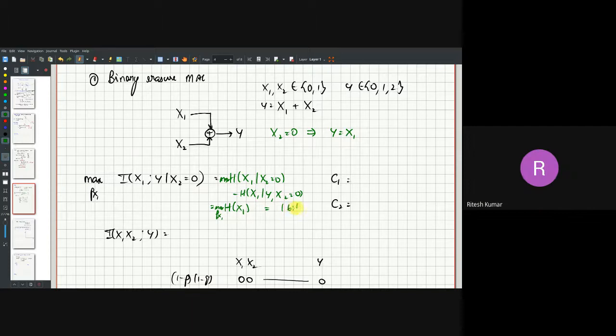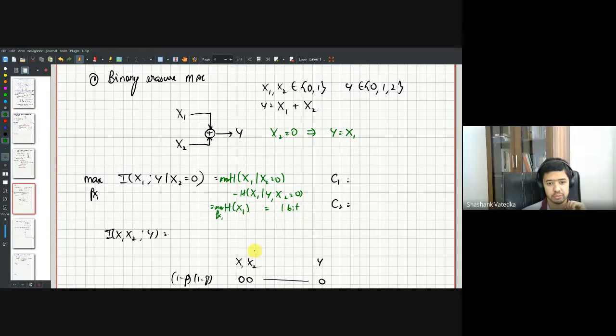So the maximum mutual information is when you pick X1 uniform, Bernoulli half, and X2 is anyway equal to 0. So C1 is equal to 1 bit, and C2 similarly, in a symmetric fashion. If X1 is 0 and you're maximizing the mutual information over all possible p(X2), then C2 is also equal to 1 bit.